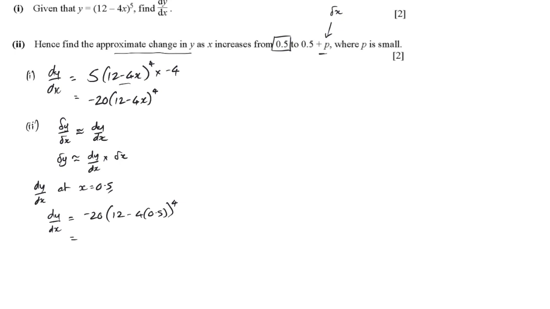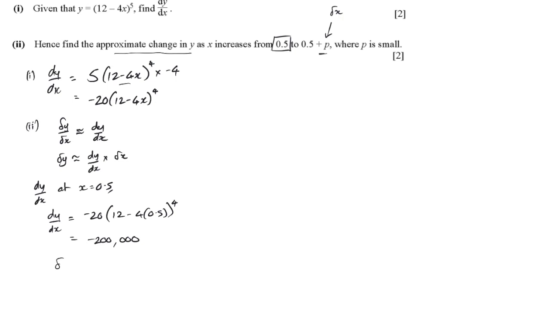Okay, so I'm going to have to use a calculator here, so just use your scientific calculator and work it out. And this is going to be minus 200,000. Okay, so when you plug that 0.5 into that, you find out that the gradient, where x is equal to 0.5, is going to be equal to minus 200,000. Seems a big number, but that's it.